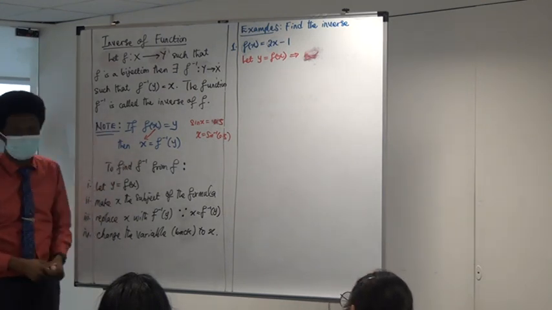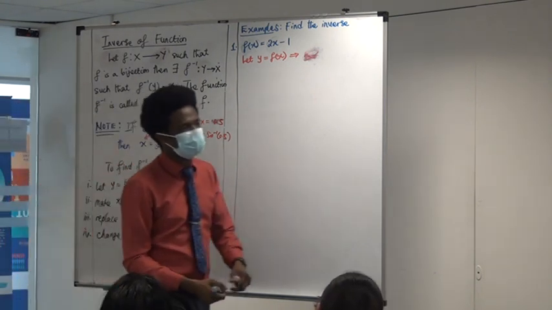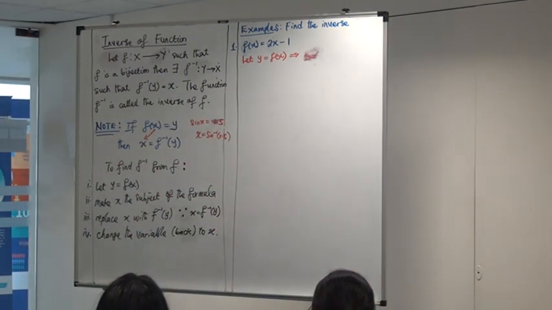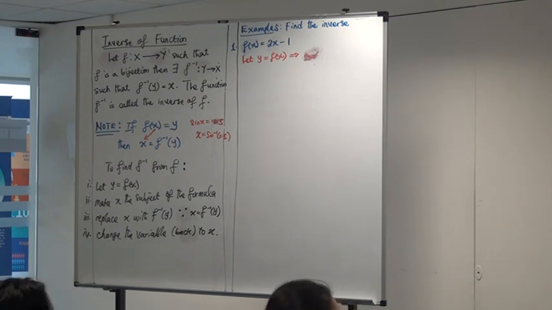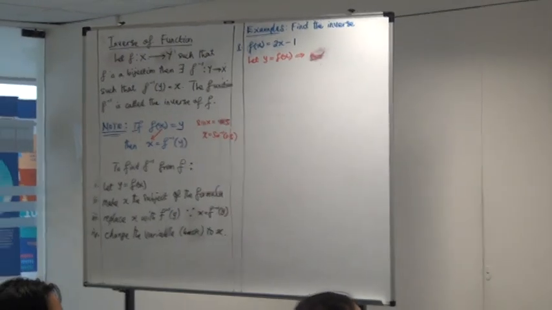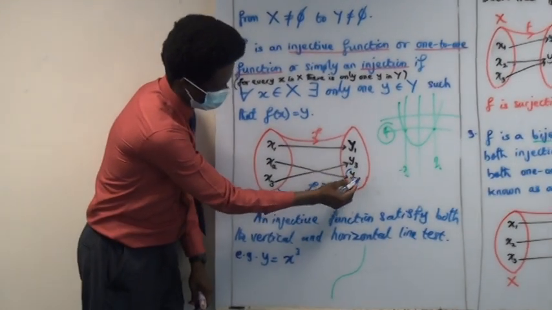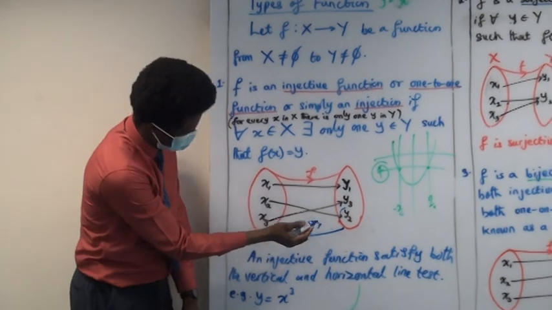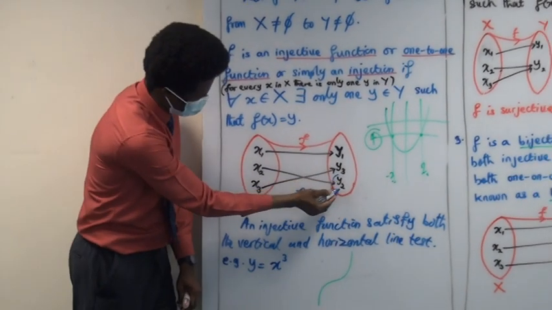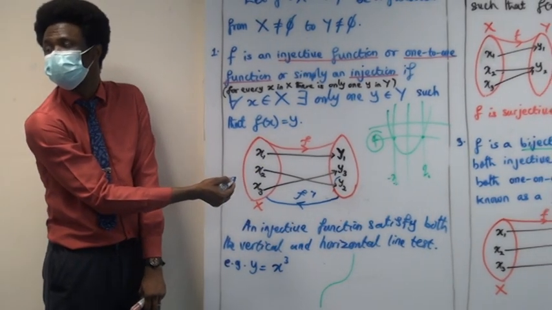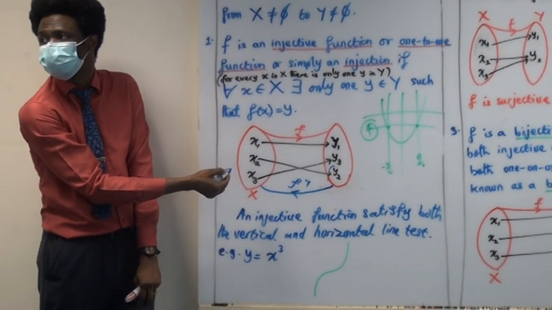Oh, I forgot to draw the mapping diagram. What happens here is this. It takes this element back. The inverse is what takes it back. So it takes y2 back to x2, y3 back to x3. Does that make sense?